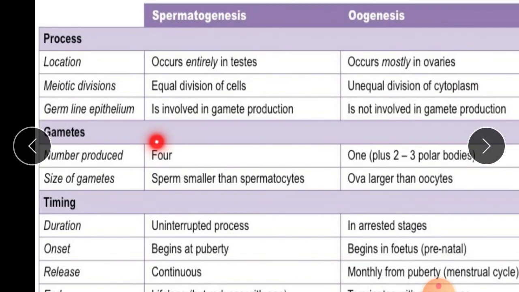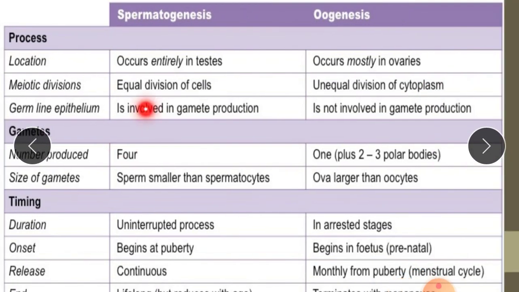Then germline epithelium is involved in gamete production in spermatogenesis. In oogenesis, germline epithelium is not involved in gamete production. So not all cells, only one cell is formed into a gamete.